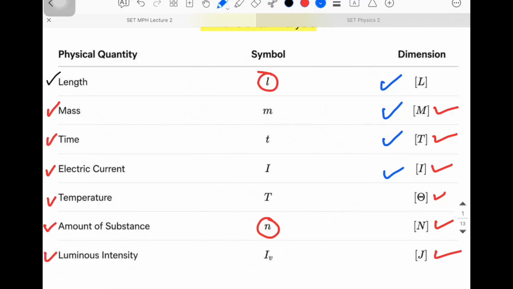Capital theta, the temperature, usually appears in terms related to statistical thermodynamics, and N is also in that topic. Luminous intensity is related to modern physics, but I find no questions on it in any state. So these are the 7 fundamental quantities and their dimensions.